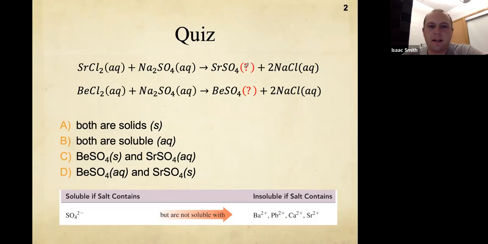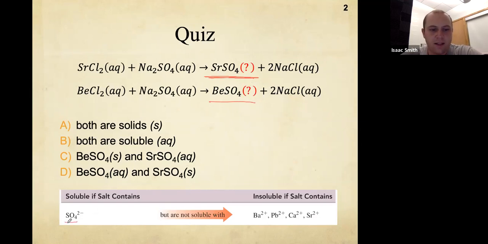The quiz is asking us basically what's the state of the strontium sulfate and the beryllium sulfate. So we need to decide if this is aqueous or solid. And remember, aqueous is if something is soluble in water, and a solid would be something that's insoluble.